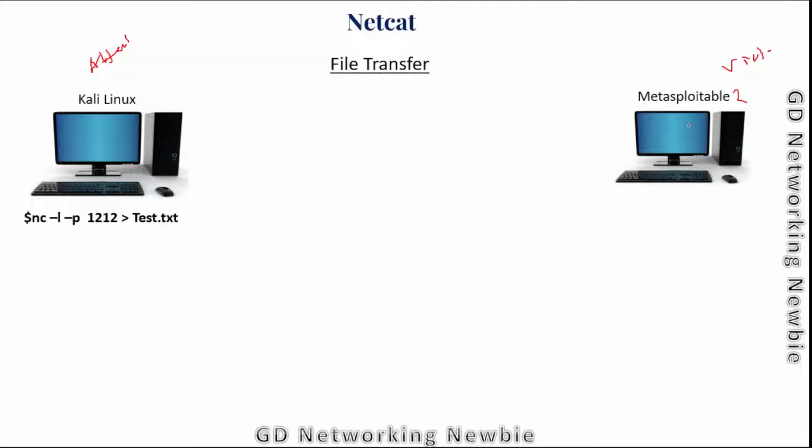Then I want to transfer some files from this Metasploitable to the Kali Linux machine. So I have to set this Kali Linux machine in listening mode with nc -l -p, and then the port number. And this is the file where we will be saving the data received from Metasploitable. So this will send a file with a certain name which will be saved in this file.